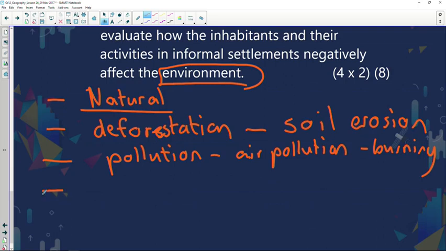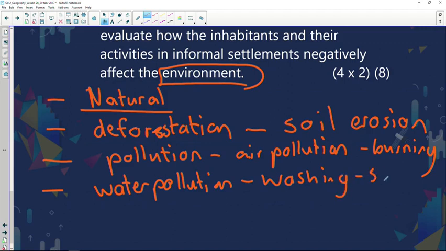Another form of pollution that's definitely going to take place is water pollution, because they wash their clothes in the rivers, and sewage is a great concern over there.